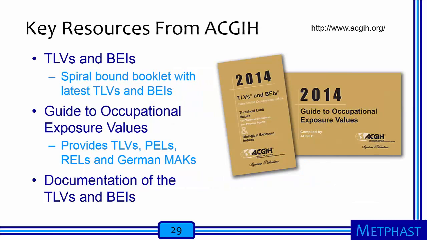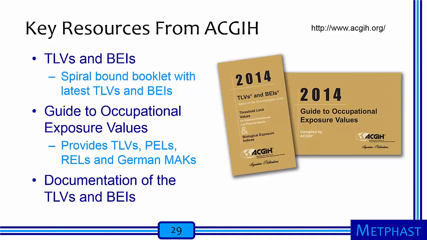There are several key resources from ACGIH that are published each year. The first is a spiral-bound booklet with the latest threshold limit values and BEIs, biological exposure indices. The second is a guide to occupational exposure values, which in addition to TLVs provides permissible exposure limits, recommended exposure limits, and German standards, MAKs.